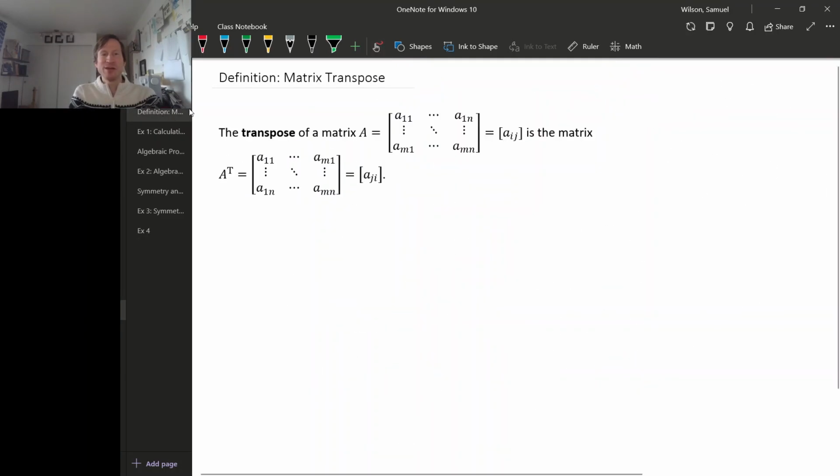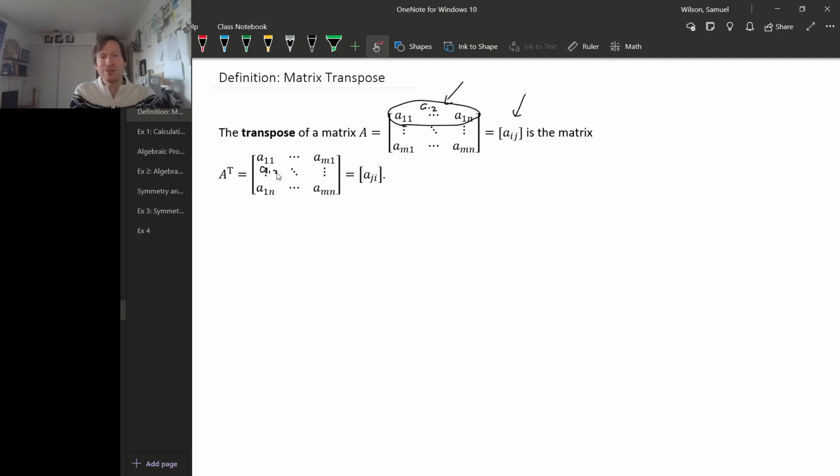All right, so if you actually write everything out rather than using this abbreviated notation, you can see across the first row, for example, you have a11 and then a12 and so on. Those actually switch. Those were the first row, and they become the first column of the transpose.